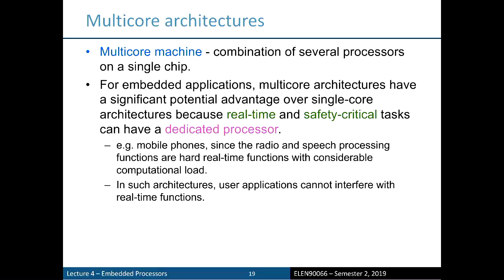All the other user stuff that goes on, apps and all that sort of stuff, doesn't matter if those things are delayed a bit, but those core functionalities have to be done in real time. And the user application should not be able to interfere with them. Think of safety critical stuff: you don't want an app being able to stall things on the real-time system side. Otherwise, bad things can happen.